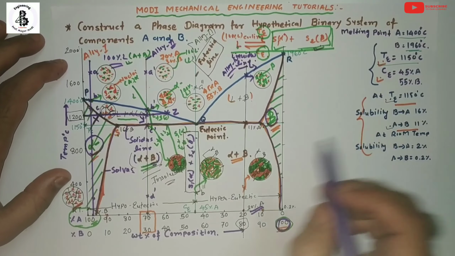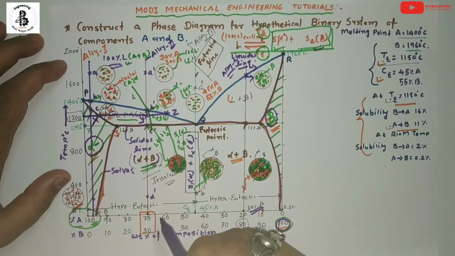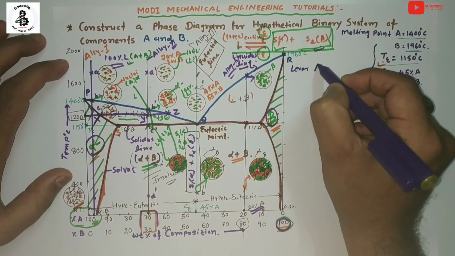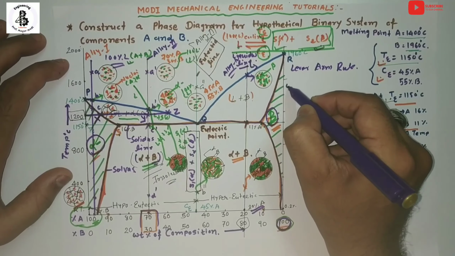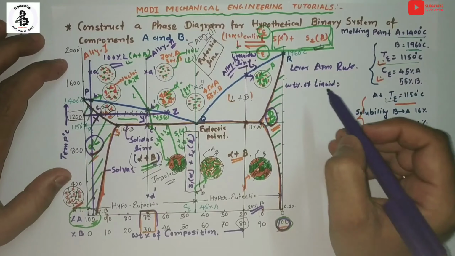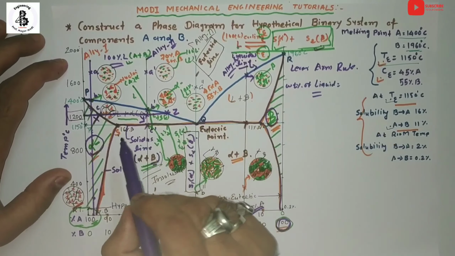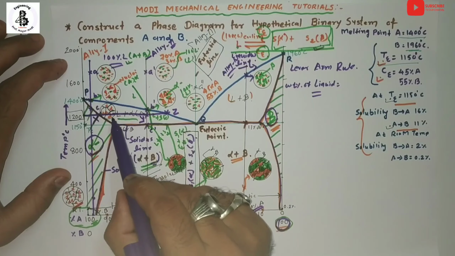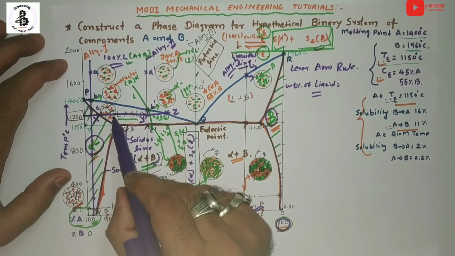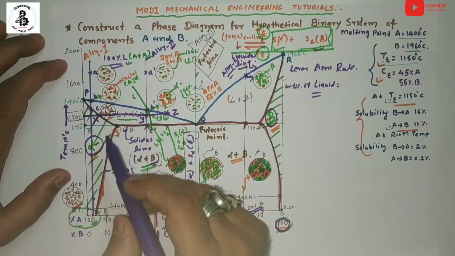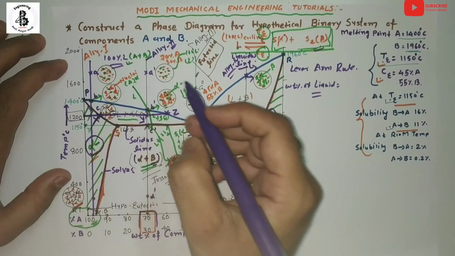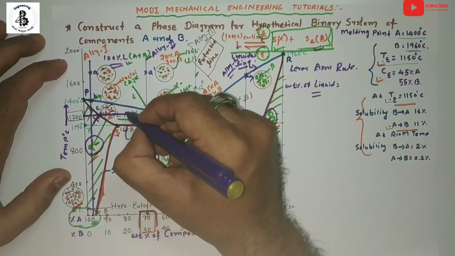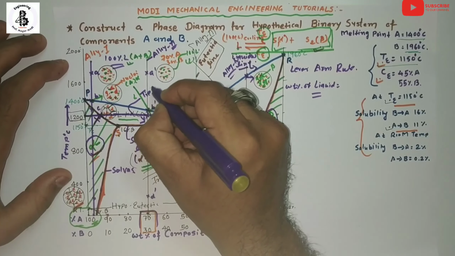Now I would like to find the weight percentage of liquid for this composition and temperature of around 1200. So this is calculated by the lever arm rule. And weight percentage of liquid. So for finding the weight percentage of the liquid, you take the side from where this temperature line intersects the solidus line, at point X. So this line X, Y and Z is known as a tie line.